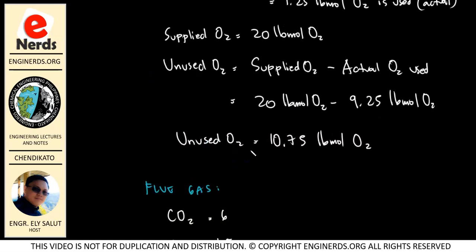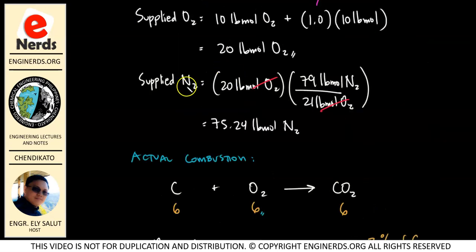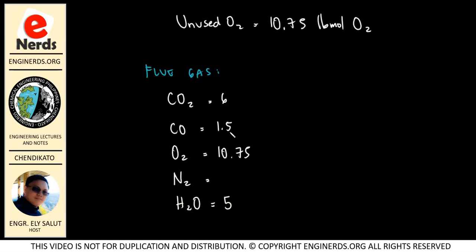And then, our N2, ito yun, kinalculate natin kanina, supplied N2, 75.24. Now, so we have 75.24. So, these are all in pound moles. Okay. And also, our water is in pound mole.